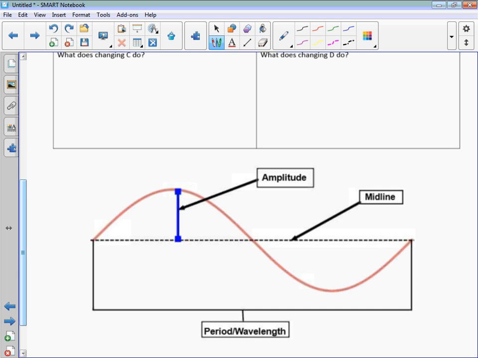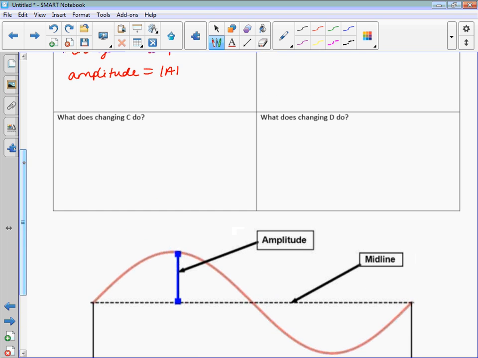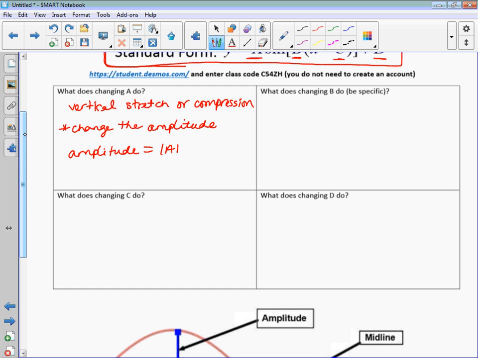All right, B is just different from what you've done before with your graphs. That's inside the parentheses with your X, so for the other graphs you've done, that was like a horizontal stretch or compression. What it does with your trig graphs is it actually changes the period of the graph. So you know how right now it takes until 2 pi before it starts repeating?